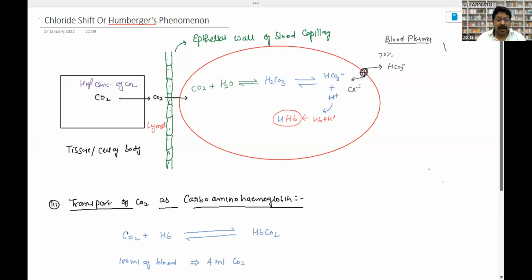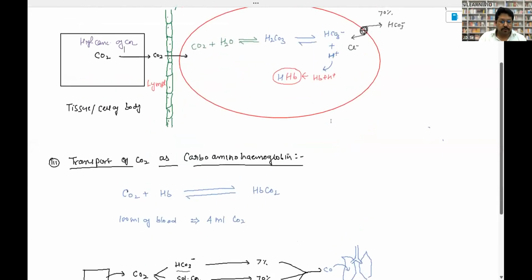These HCO3 ions are in excess. They will go outside, 70% bicarbonate ion will go outside. In return, chloride will come inside. This is called chloride shift or hamburger phenomenon, right? And that's how the transportation of CO2 will take place.